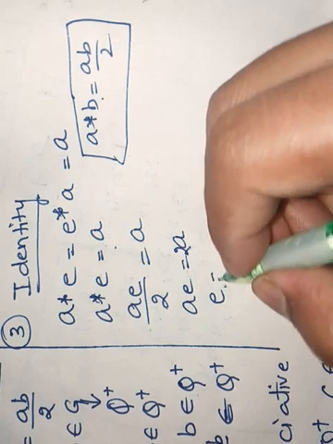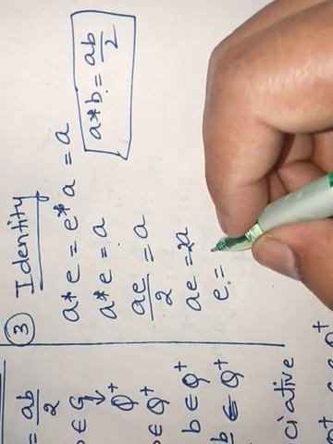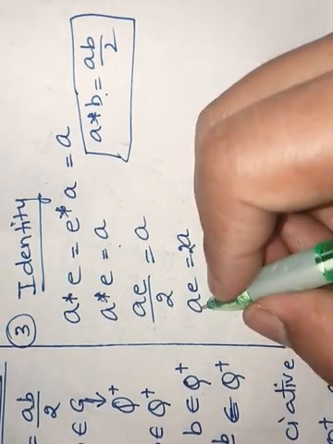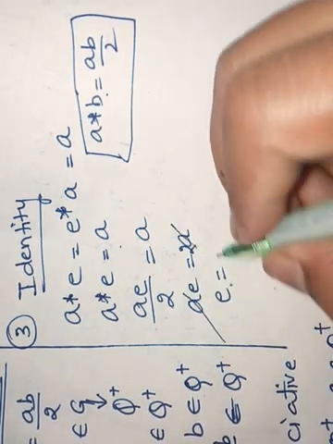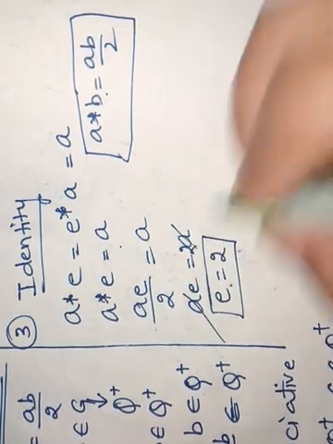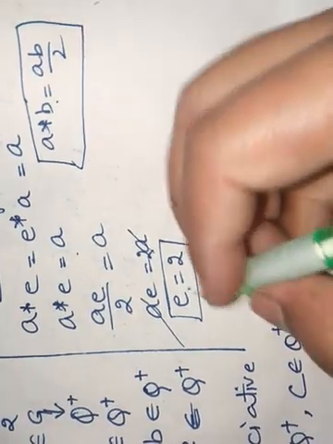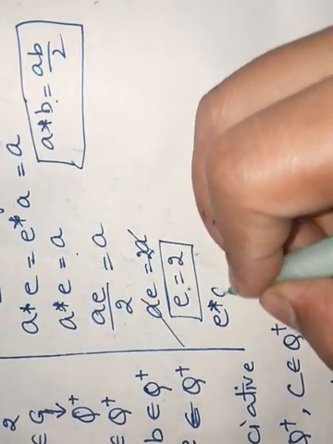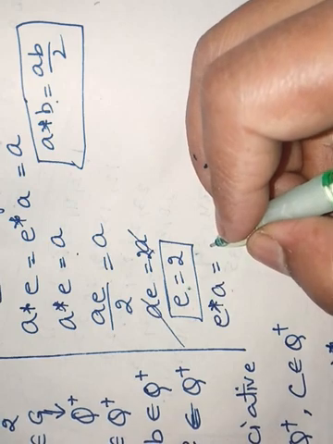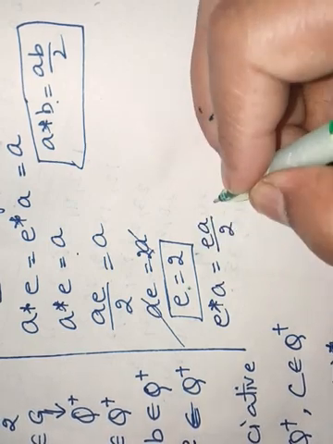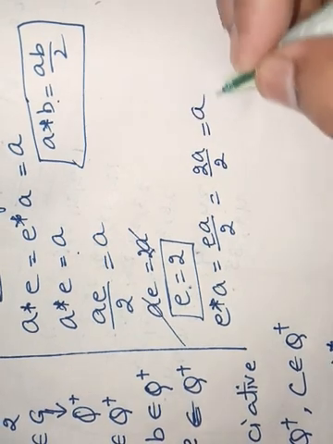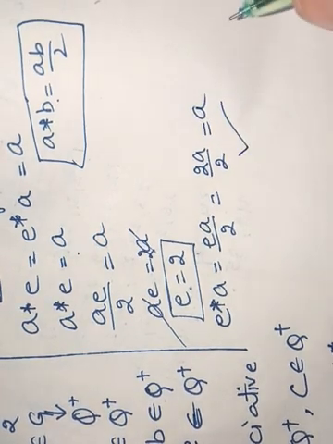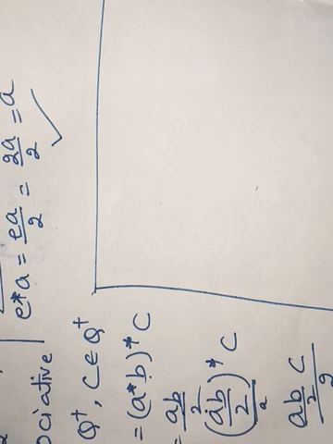So this A and this A will get cancelled. E is equal to 2 we will get. Now substituting, E star A is equal to EA by 2, that is the E value is 2, 2A by 2, that is nothing but A. So identity is also satisfied here.